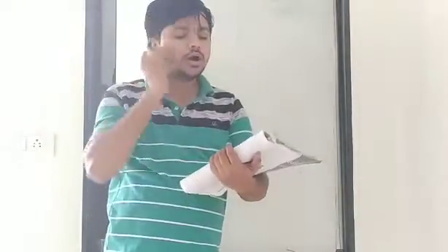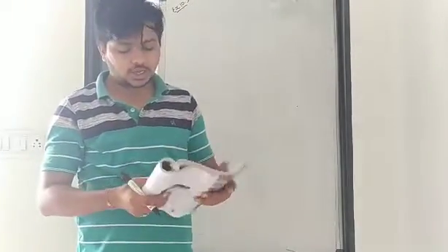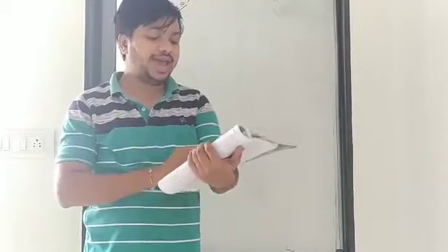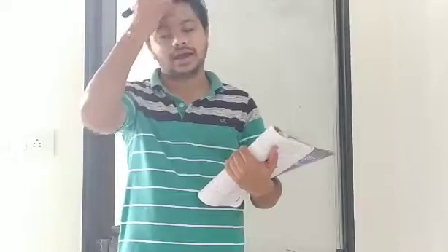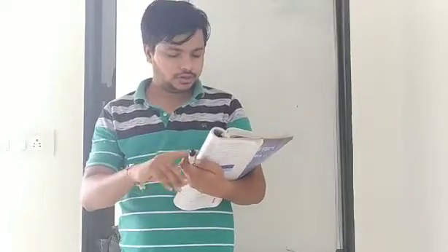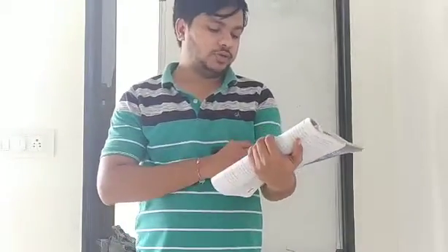What is the question? One object is thrown in the upward direction and reaches a 10 meter height. So we throw the object in the upward direction and it reaches 10 meters. Right? Now, what do you have to find out?